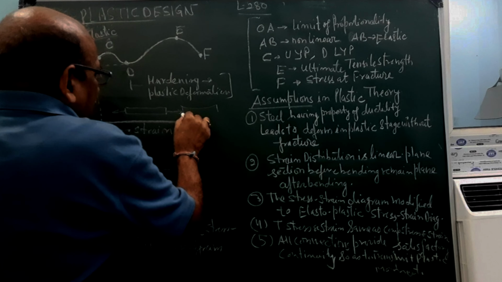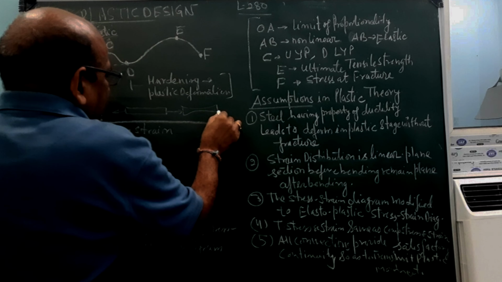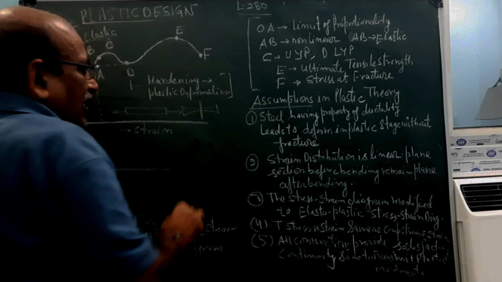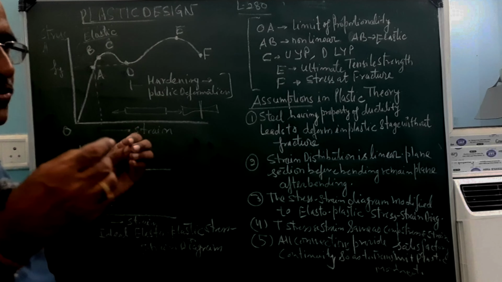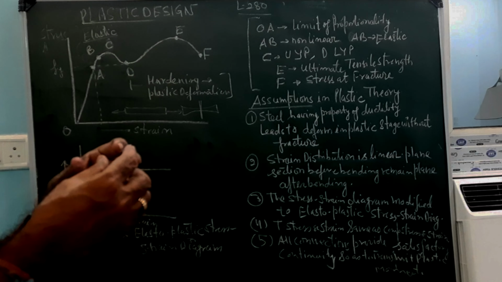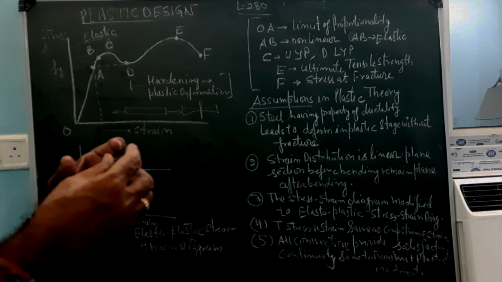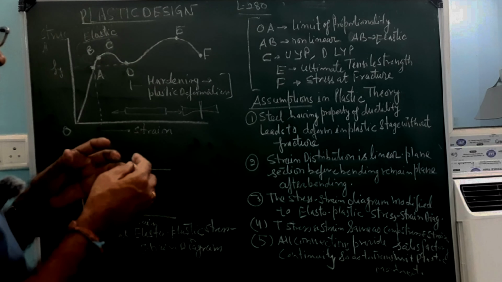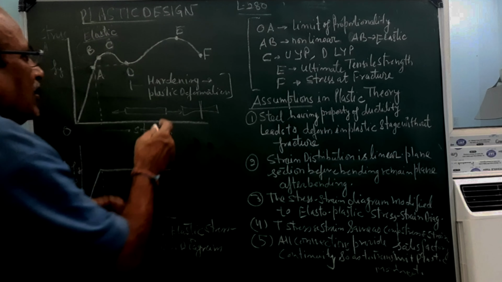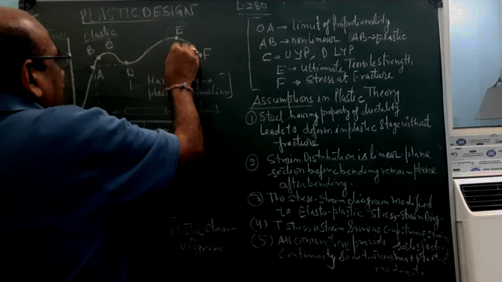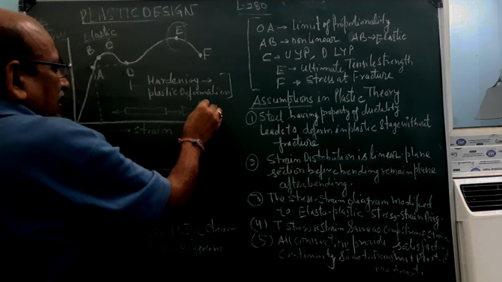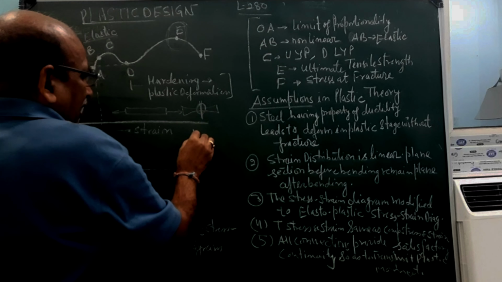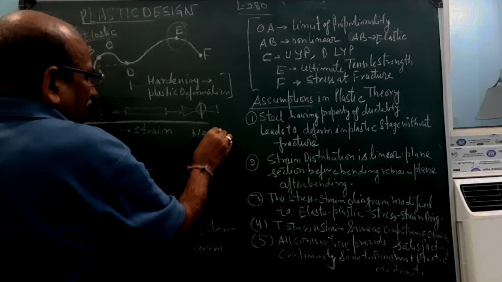This section will be narrowed something like this. This section is reduced. They are going to rupture and they are likely to break after it. So this point is E point where we are getting this narrow section, necking of this section. This is called the necking of section.